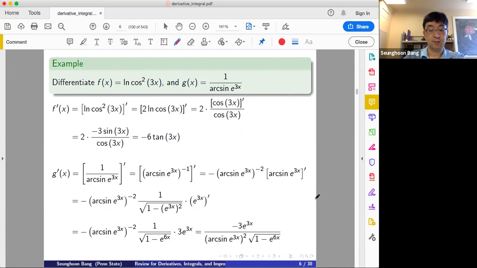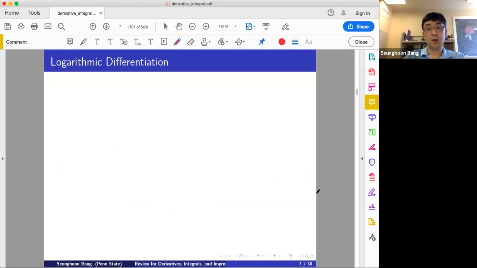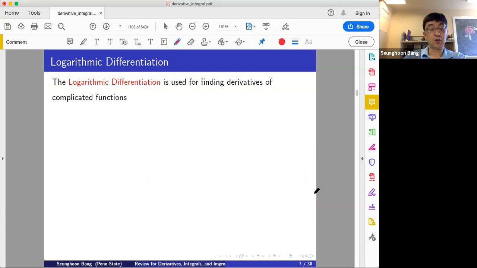Like this. The next one, the logarithmic differentiations. What's that? Logarithmic differentiation is used for finding derivatives of complicated functions involving products, quotients, or powers, or f of x equals g of x to the power h of x.